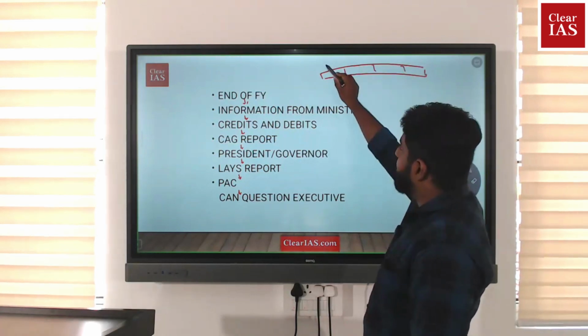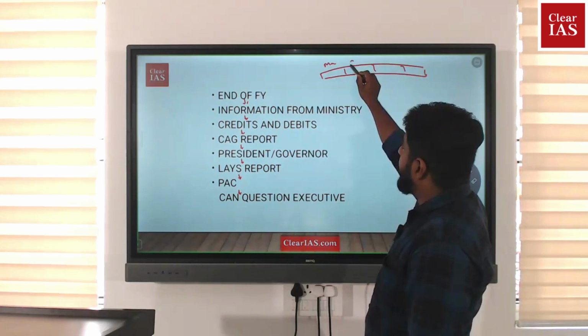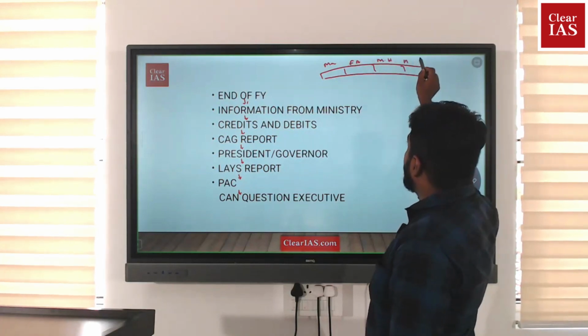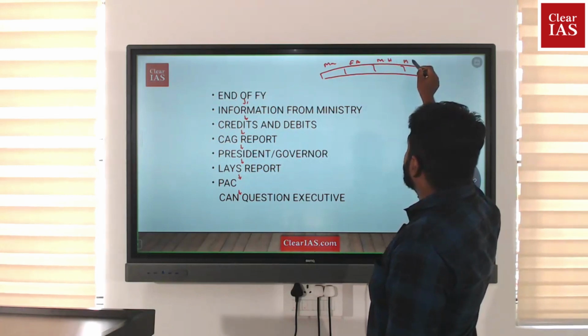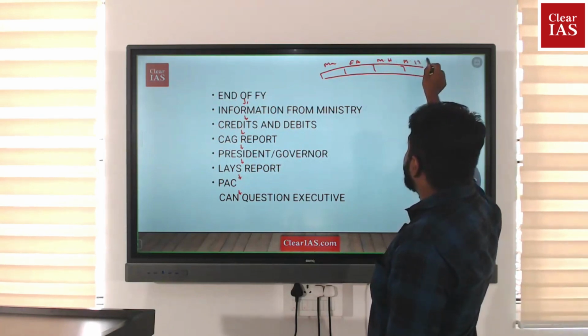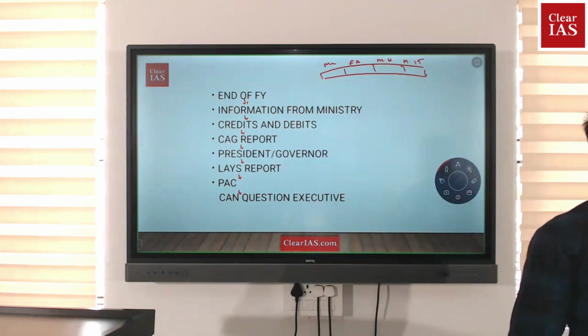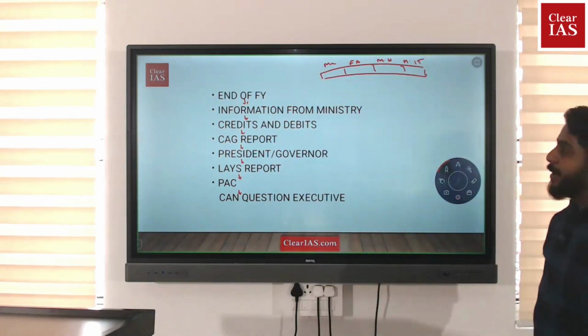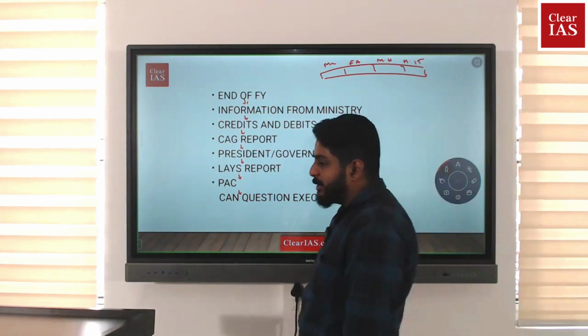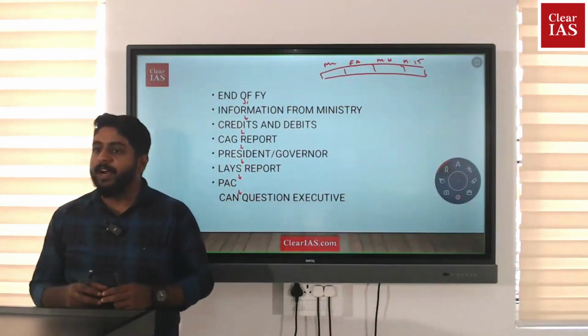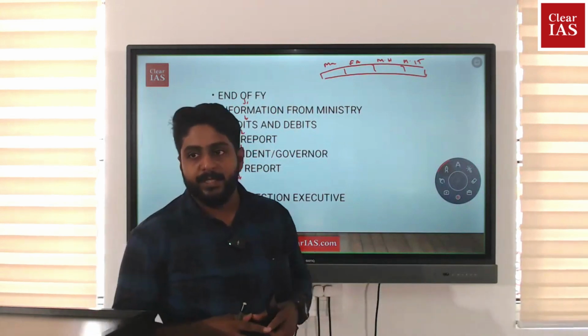Ministry of Defense, Ministry of Foreign Affairs, Ministry of Health, Ministry of Communication and IT. You have different ministries. Now, as part of the budget, the Ministry of Finance, especially the Ministry of Economic Affairs, will allocate the fund to different ministries.